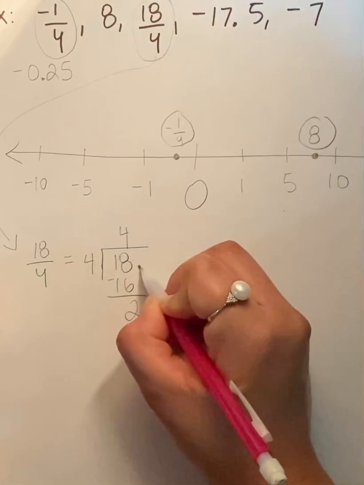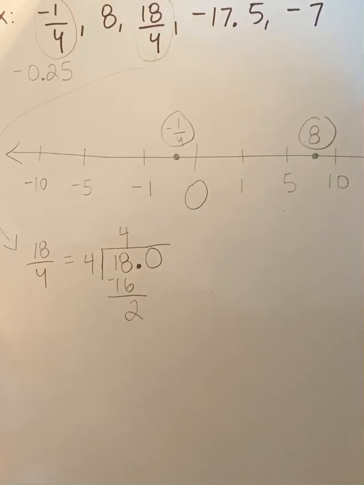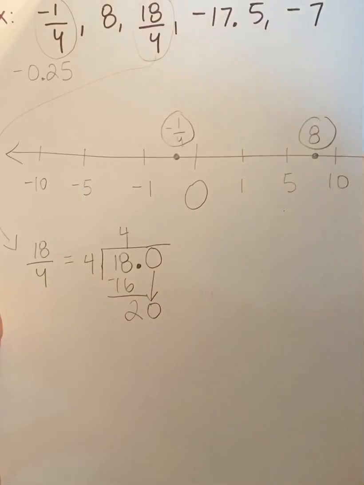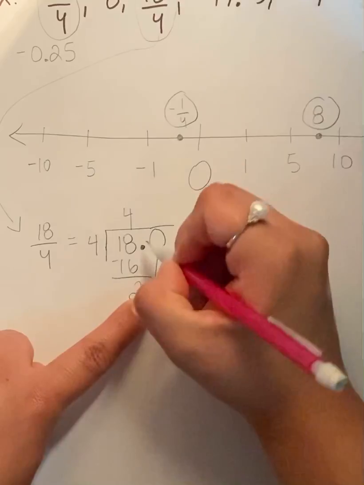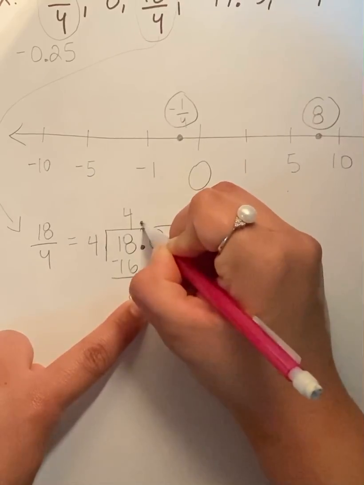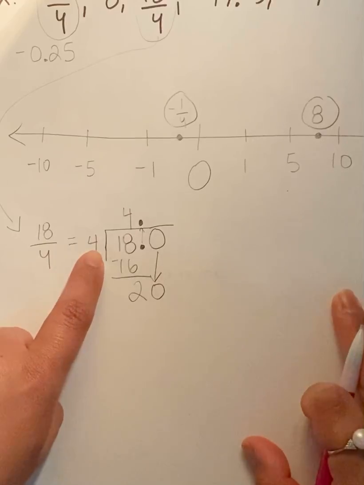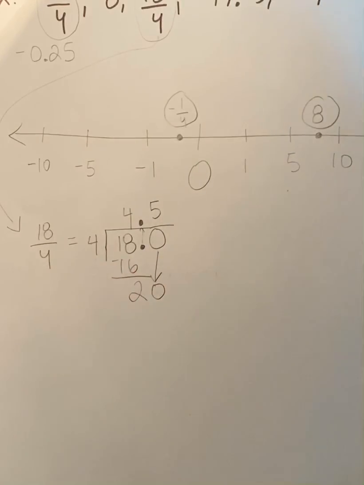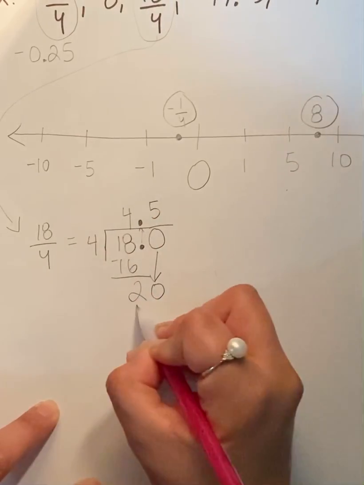I'm going to add my decimal and a 0, and bring down my 0. Now I have 20. I raise my decimal and now say 4 goes into 20 five times, because 4 times 5 is 20.